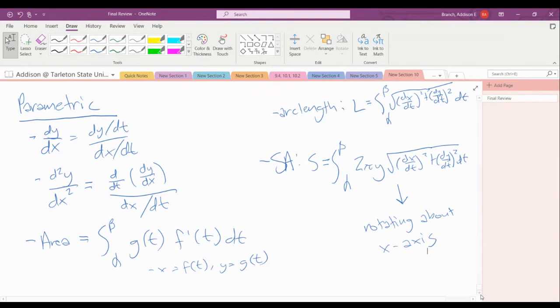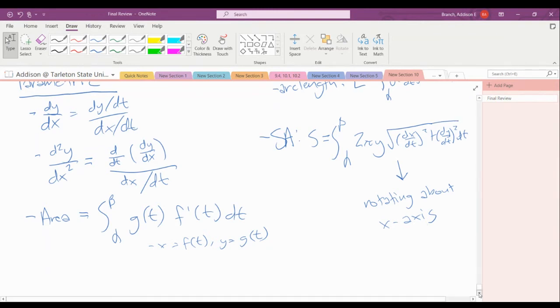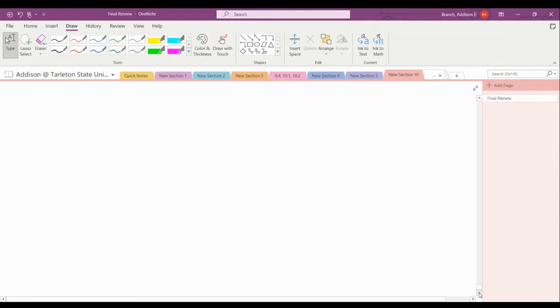Polar, okay. So some key things to go ahead and look over are converting between polar and Cartesian.